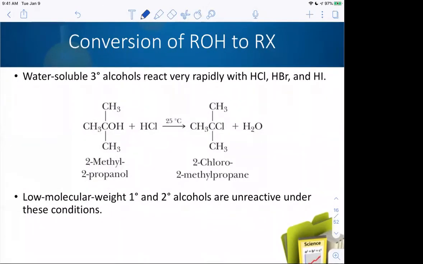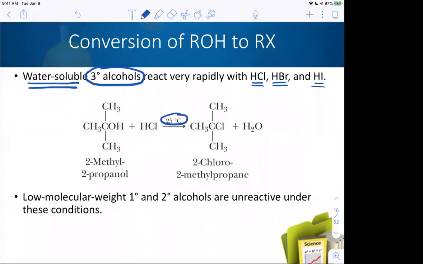Now, I can also convert alcohols to alkyl halides. Water-soluble tertiary alcohols. So to be water-soluble and tertiary, I have to have pretty low molecular weight in general. These are going to react very rapidly with hydrochloric acid, HBr, HI, and this can happen at room temperature.